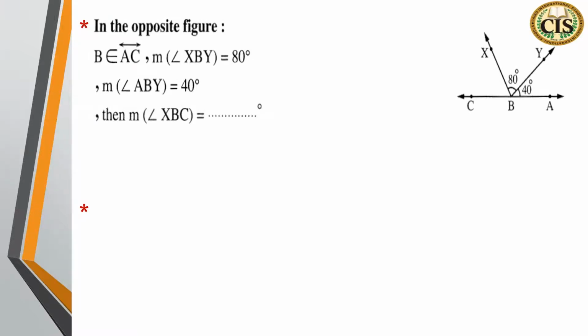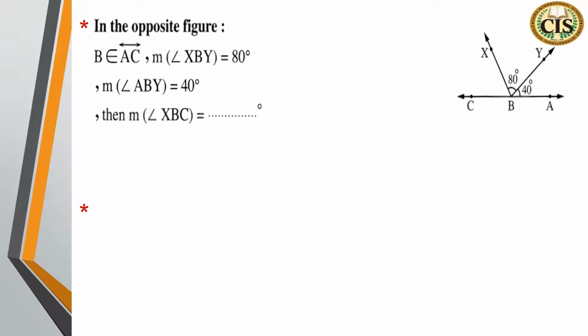In the opposite figure, B belongs to AC. Measure angle XBY equals 80 degrees. Measure angle ABY equals 40 degrees. Then measure angle XBC equals what?